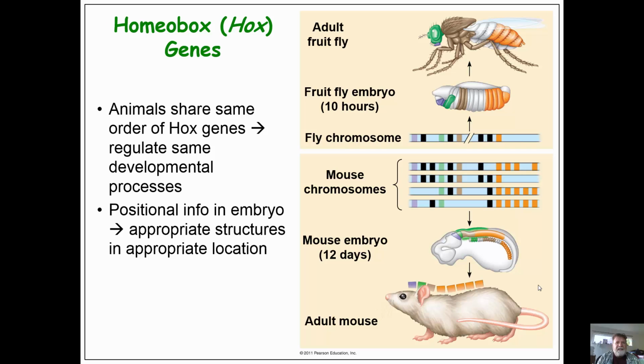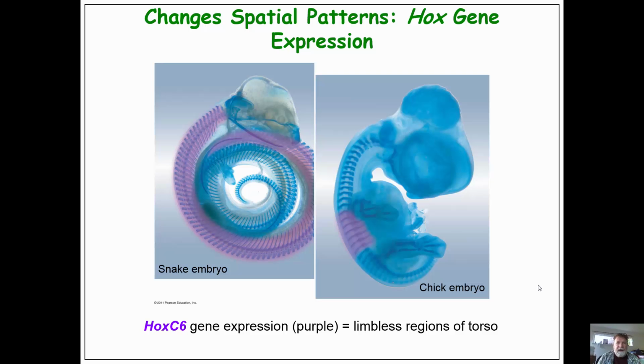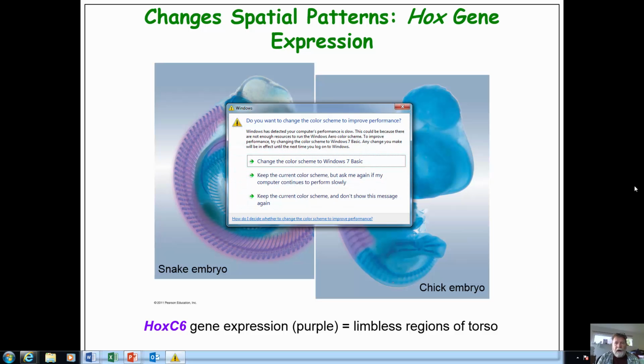There are these Hox genes that control when a gene is turned on and turned off, and we see that we get things like snakes because the genes that turn on limb formation don't really show up.